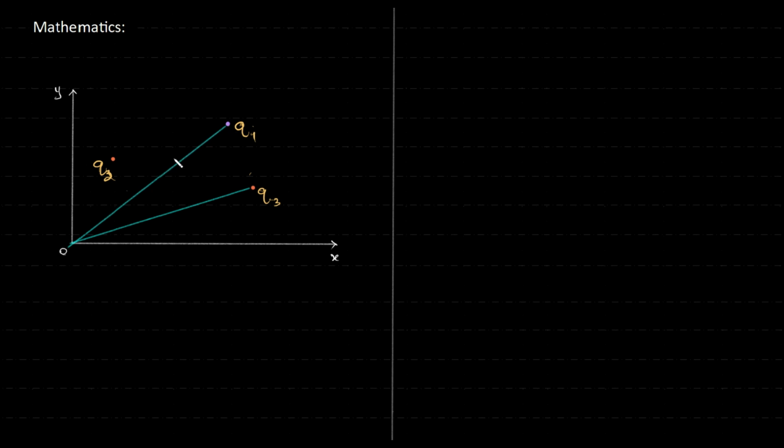These are your position vectors of the charges. So this is nothing but your R1, R3 and R2. And this is your displacement vector.